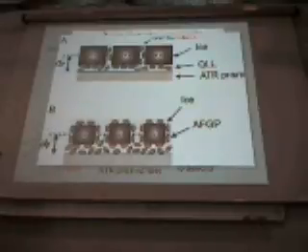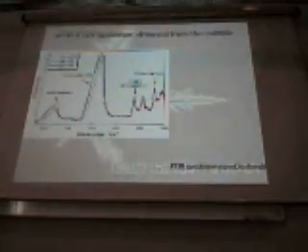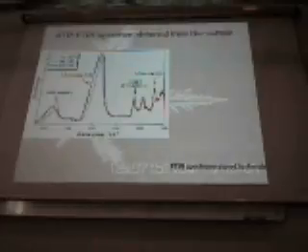But proteins adsorbed on the ice interface may have different structures. And this is one of the signals which was obtained.